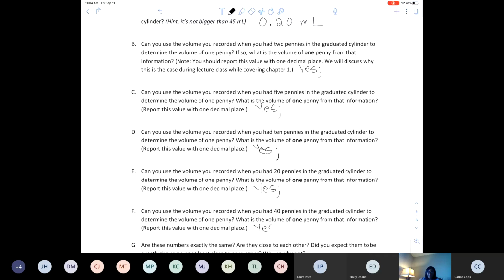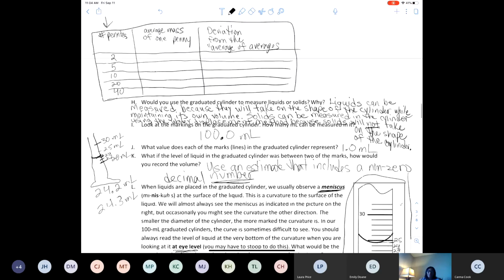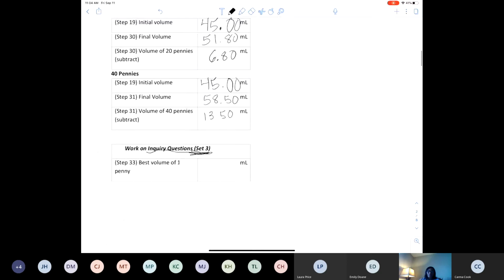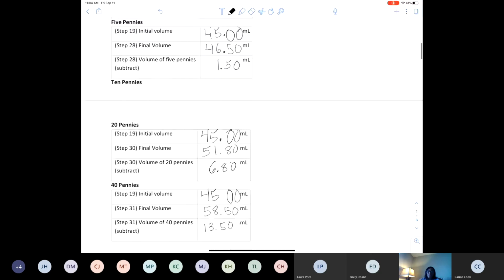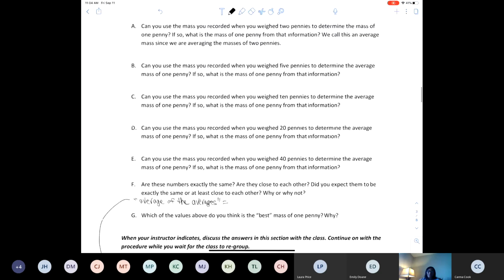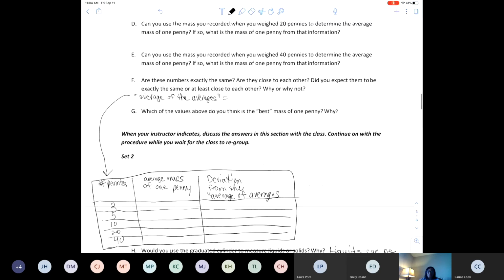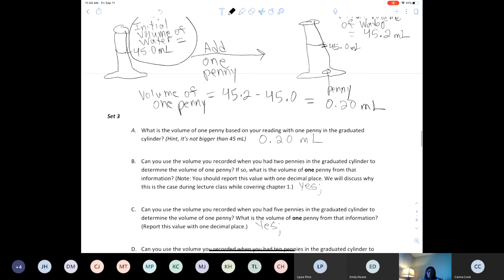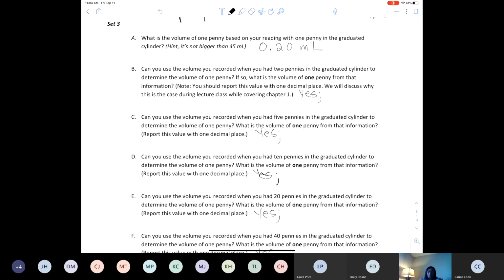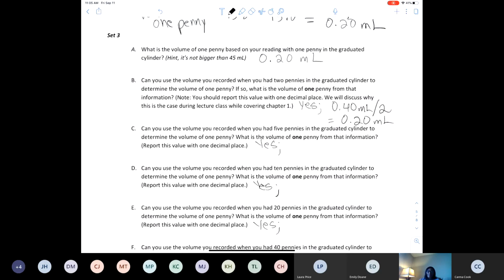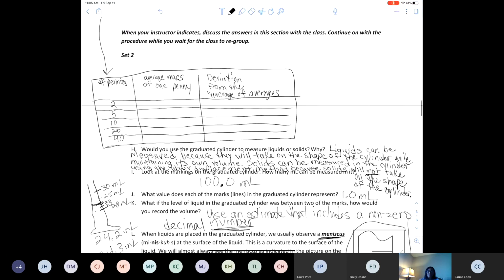For the volume of 2 pennies, I think I got 0.40, so we just take that number and divide by 2. And then we just repeat this for 5, 10, 20, and 40 pennies.